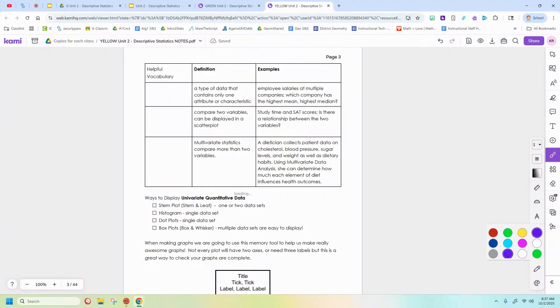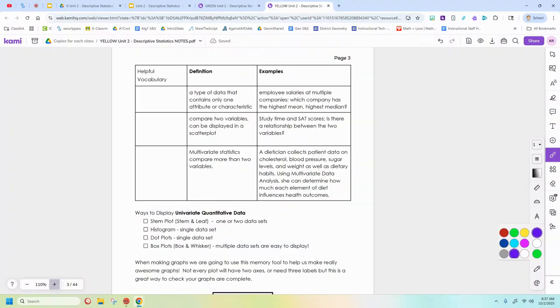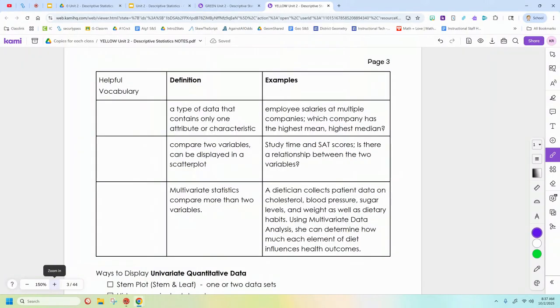Okay, page 3 is where we write our first words down. Oh my gosh, there's words. Once again, some helpful vocabulary, where we're going. We played with Barry Bonds and Babe Ruth.